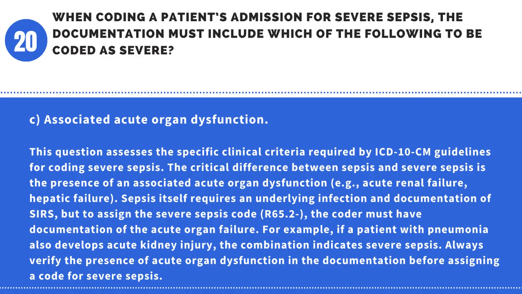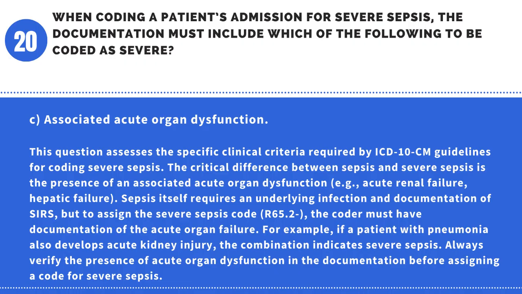Associated acute organ dysfunction. This question assesses the specific clinical criteria required by ICD-10-CM guidelines for coding severe sepsis. The critical difference between sepsis and severe sepsis is the presence of an associated acute organ dysfunction, e.g., acute renal failure, hepatic failure.